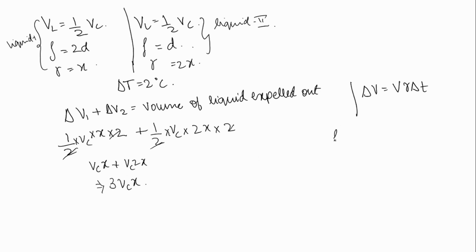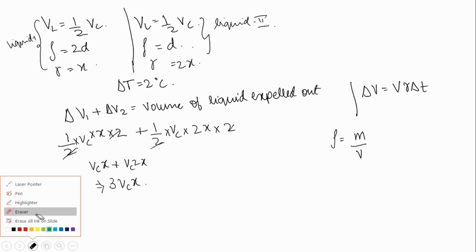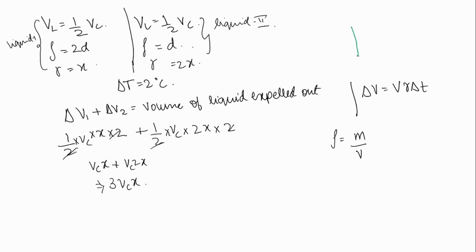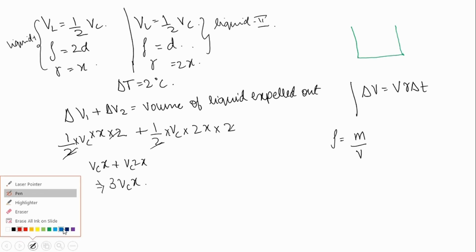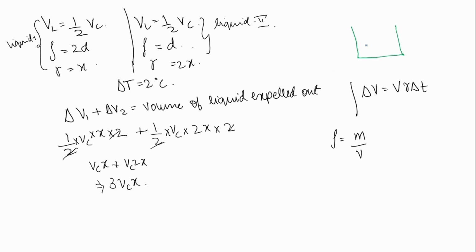We know density is equal to mass by volume. So if this is the container, half of the volume is filled by one liquid, that is liquid 1.